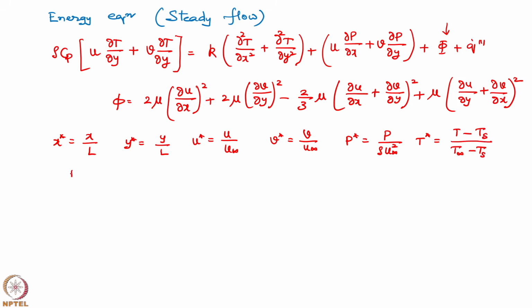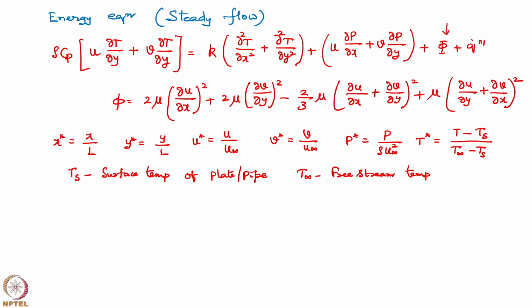Ts is the surface temperature, which is assumed to be constant, surface temperature of the flat plate, let us say, or a pipe, okay. T infinity is the free stream temperature. Rest all we have already defined.